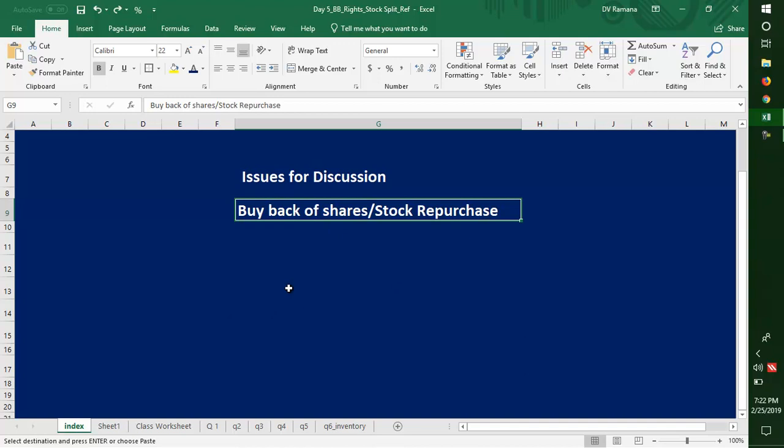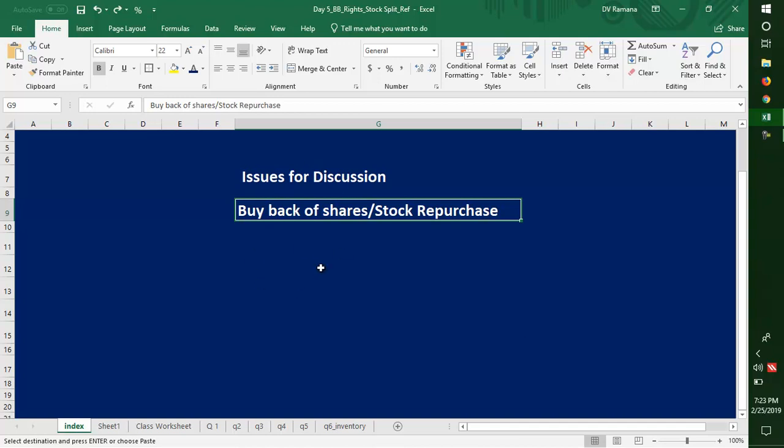So it is possible that the way the buyback is treated in India may not be the same as the way it's treated in UK or US or Singapore or China, but the broad principles which govern the buyback of shares or the stock repurchase will be more or less the same.